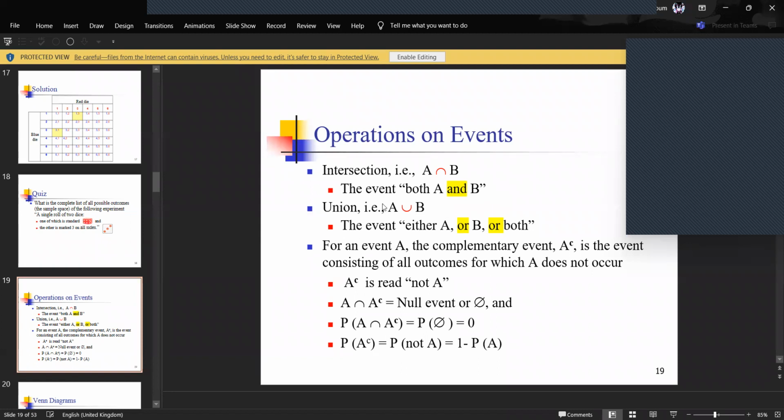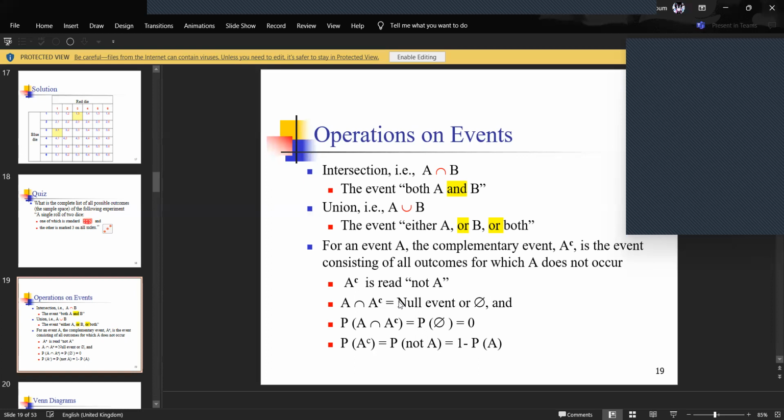Now in an OR, what we're saying is that I want to get either A, so either heads, or the number 3, or both. Right? And then we have the complement, which basically means not. Okay, so the complement of A is not A. So if you have A intersect the complement of A, what that basically means is A and also not A, which can't happen.